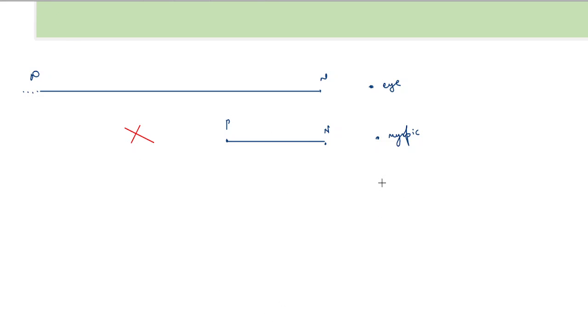While if you take a person who has long-sightedness, such a person cannot see from the near point.